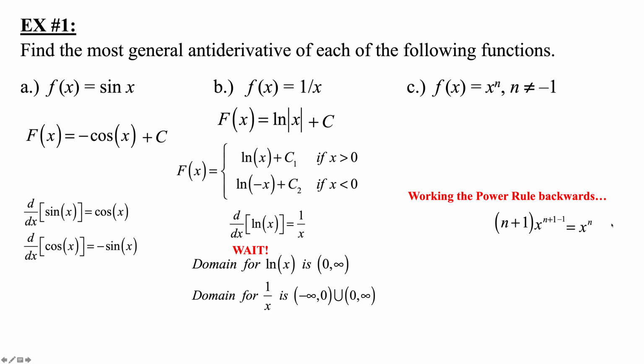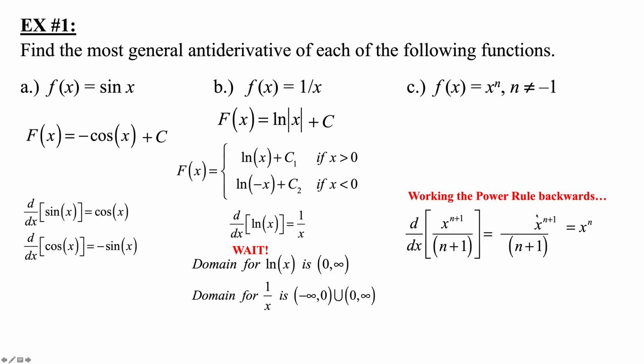Well, if I want x to the n here, I have to divide by the binomial n plus 1. So we take away the n plus 1 and the minus 1 up in the numerator, and that's the derivative of this function that gives you x to the n.